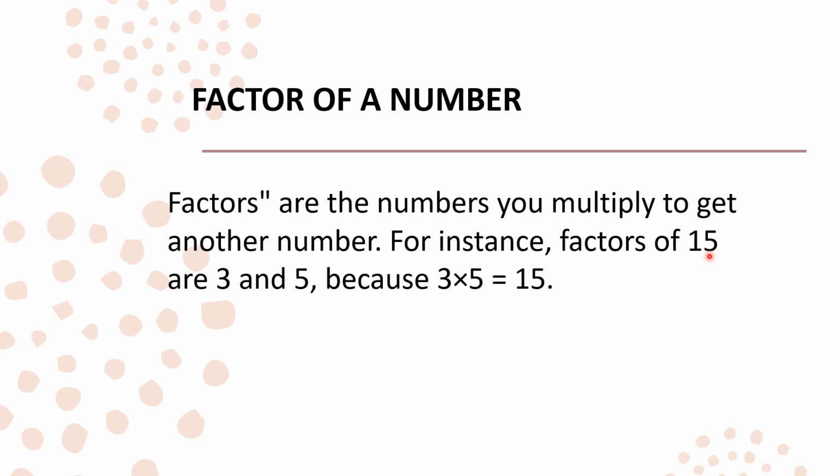So 1 and the number itself will always be there for every number. Each and every number has a minimum of two factors: one is the number 1 and another is that number itself. Other than those two, the factors you will get for 15 are 3 and 5.